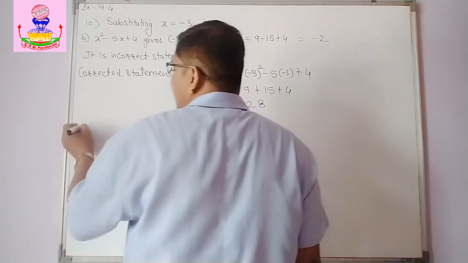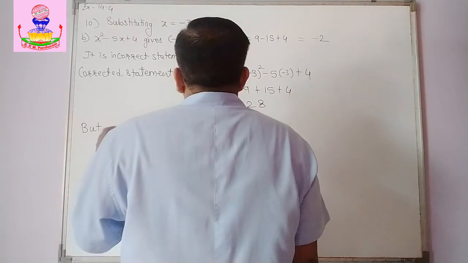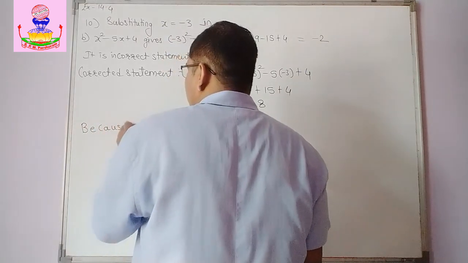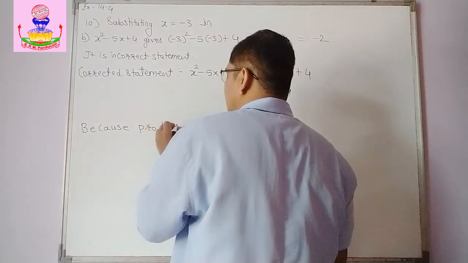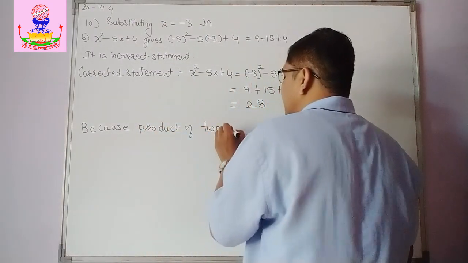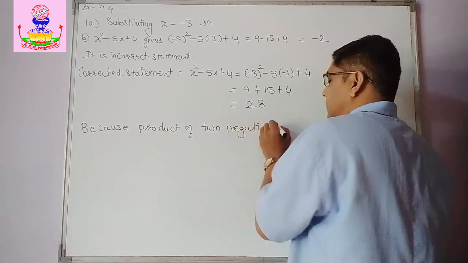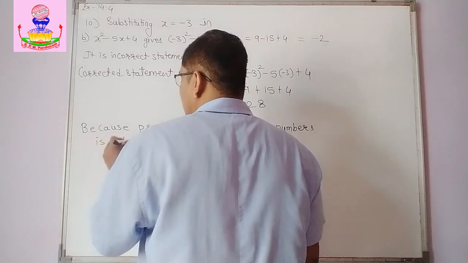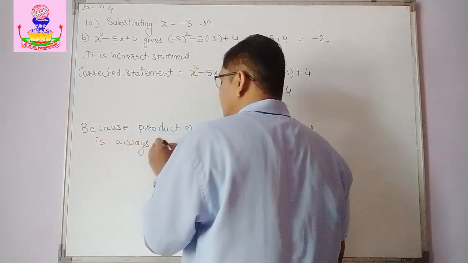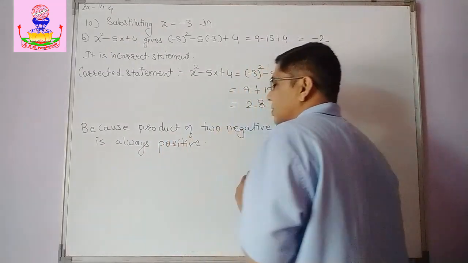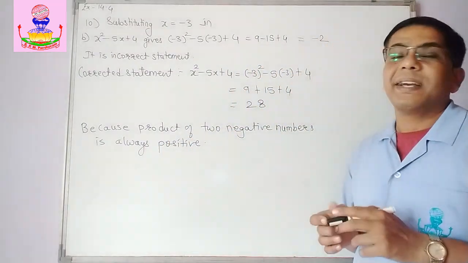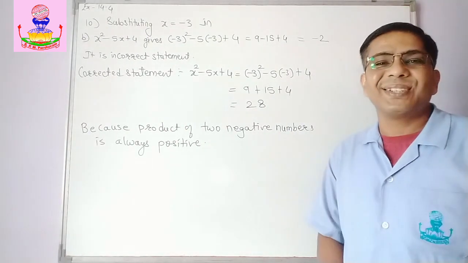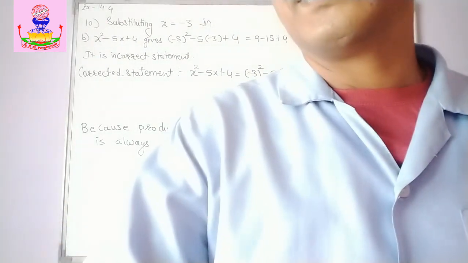That is the right answer, because the product of two negative numbers is always positive. Okay, that should be the error that we have determined and corrected, and we are giving the reason for that.